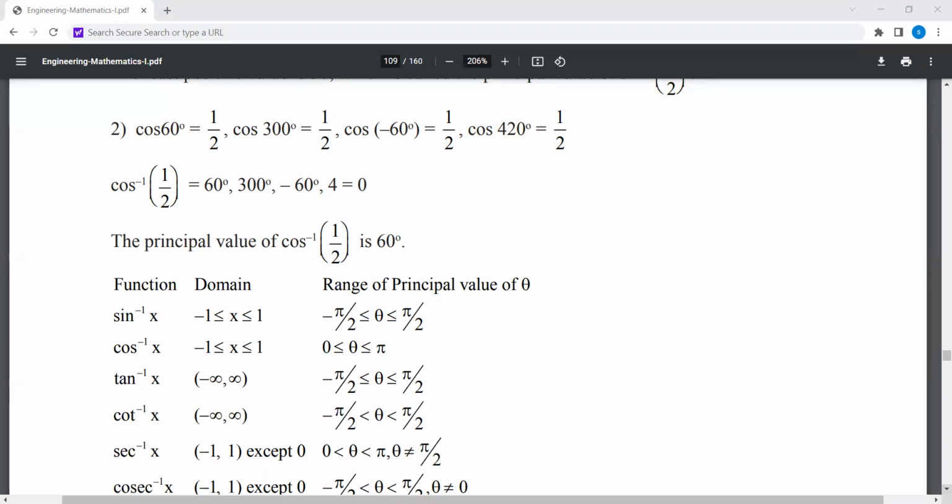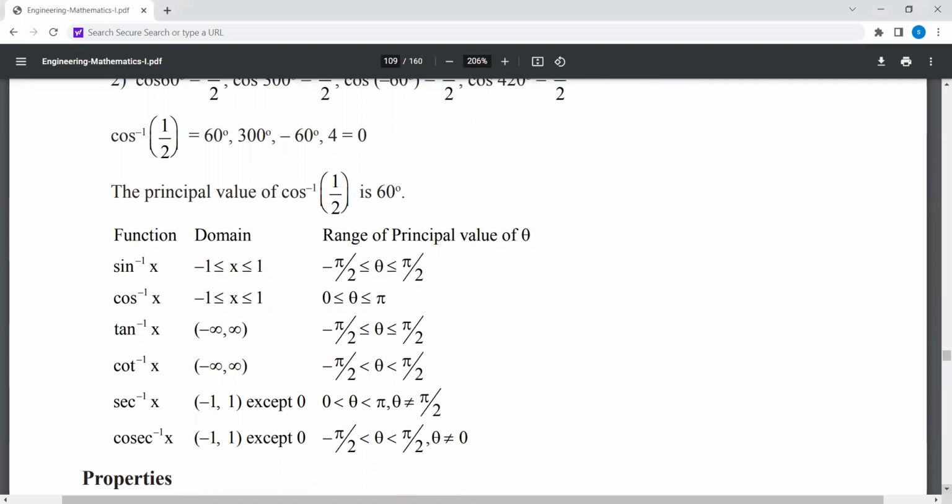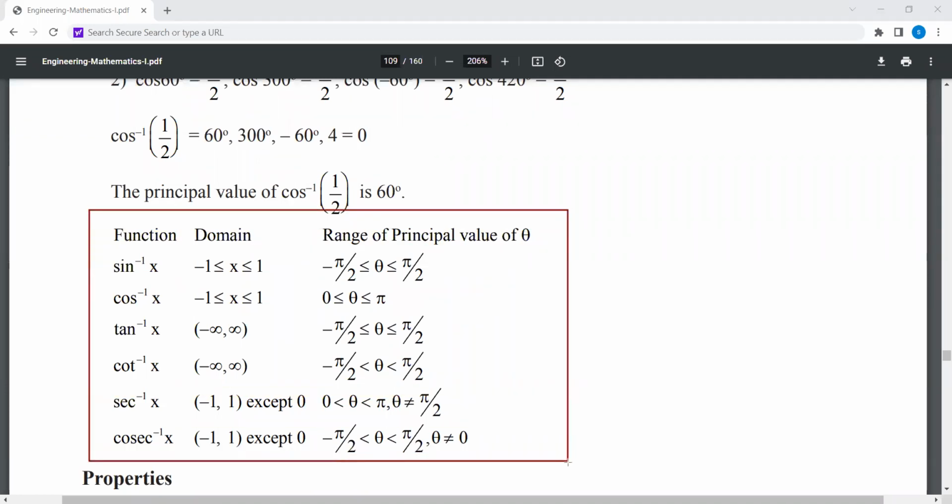Next concept: domain and range of principal value of theta. Sine inverse of x: domain is minus 1 less than or equal to x less than or equal to 1, and the range of principal value of theta is between minus pi by 2 and pi by 2.